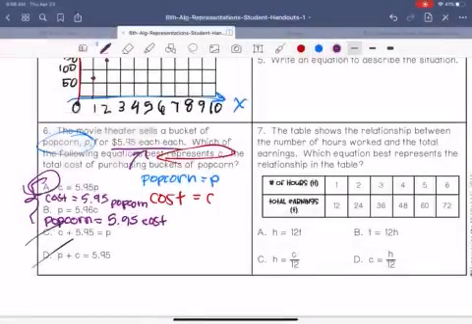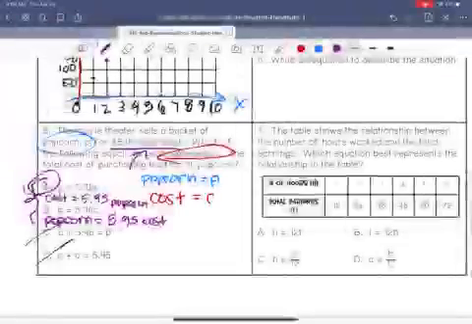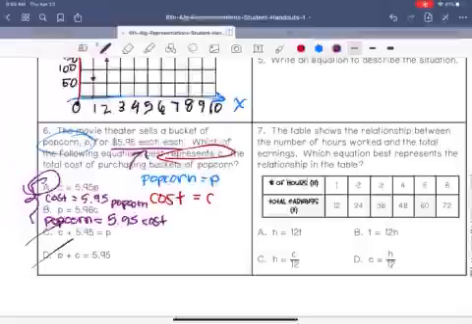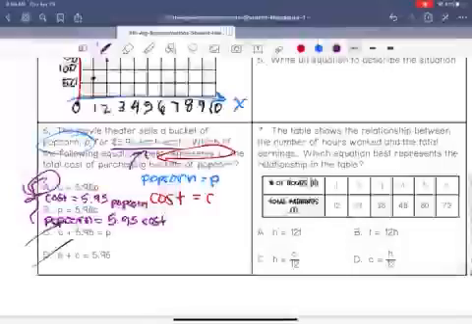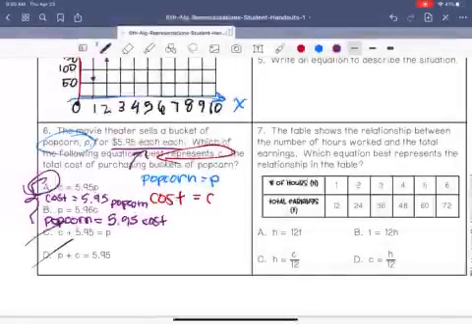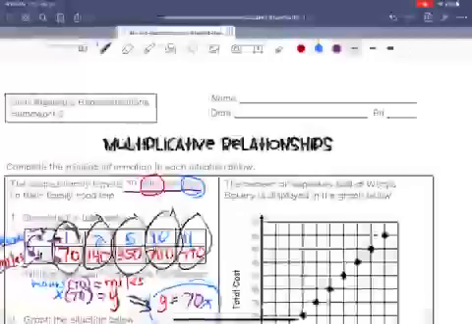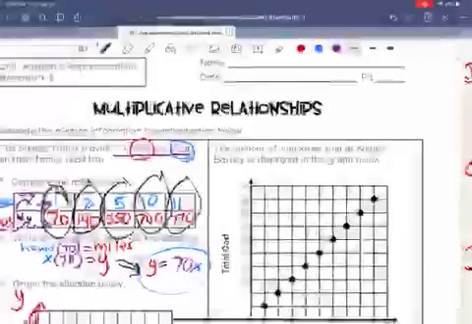A is obviously the correct answer here because it doesn't make sense to say, oh, I multiply $5.95 times the cost and I get the popcorn. That sentence doesn't make sense. So for this one, it's really easy to tell once you write out in words which one is the correct answer choice.